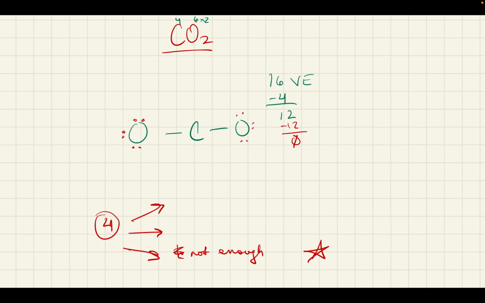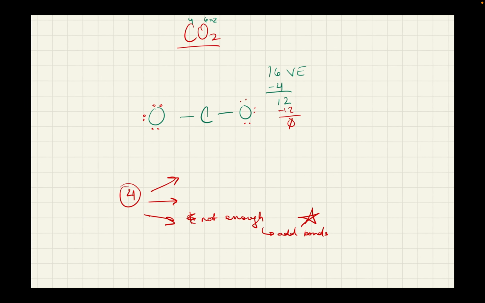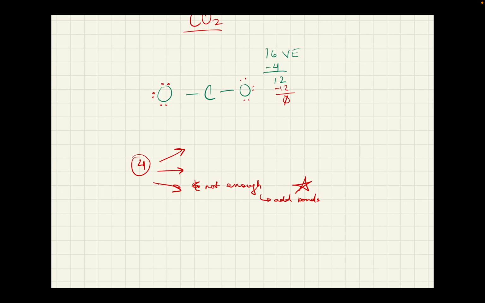When you're adding bonds, you need to ask yourself, is there one correct way to add more bonds, or is there more than one correct way? So, I'm going to come through this, and we are missing 2 pairs of electrons, so we need to add 2 bonds.